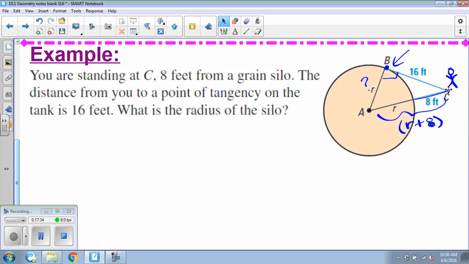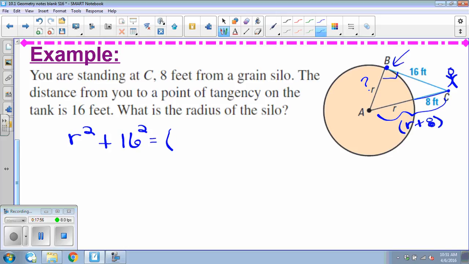No, you can't ever assume that this is the same as that. There's no theorem that says that's true. R plus 8 squared. R squared plus 16 squared equals R plus, you have to square the whole thing.